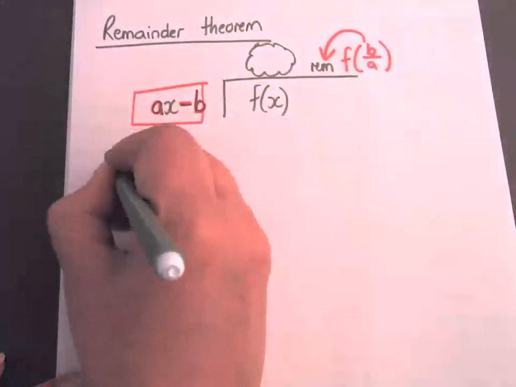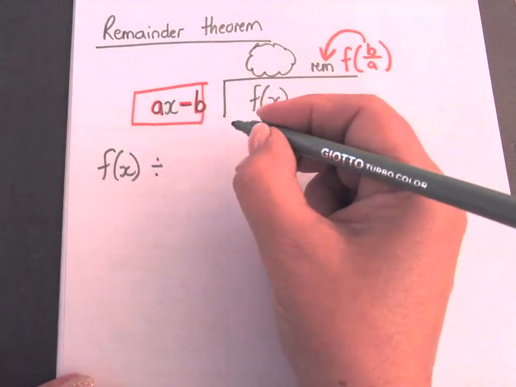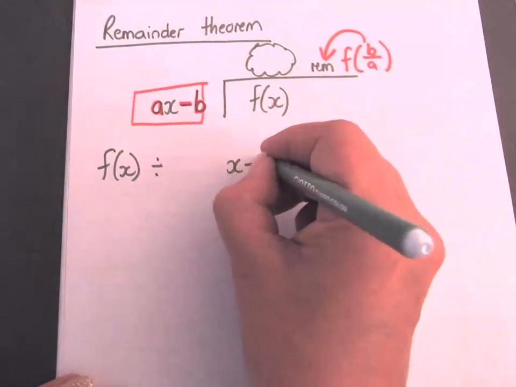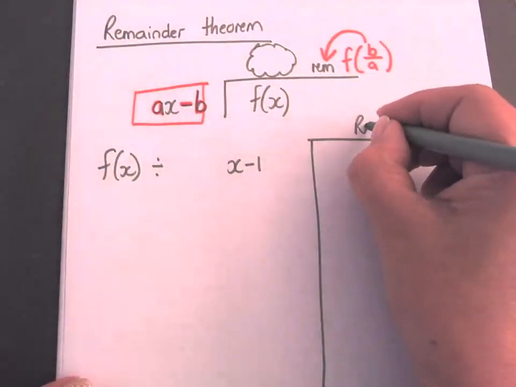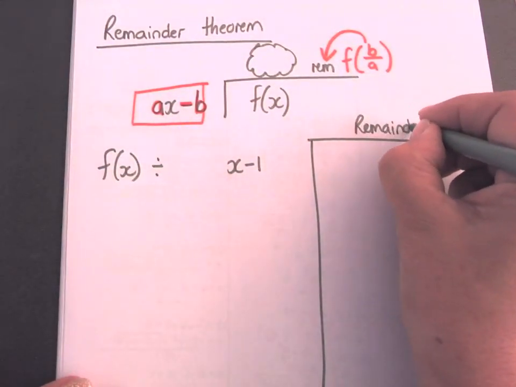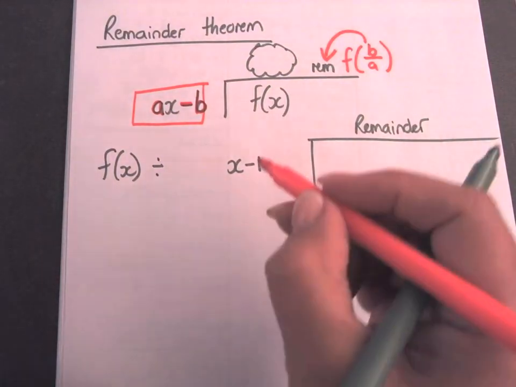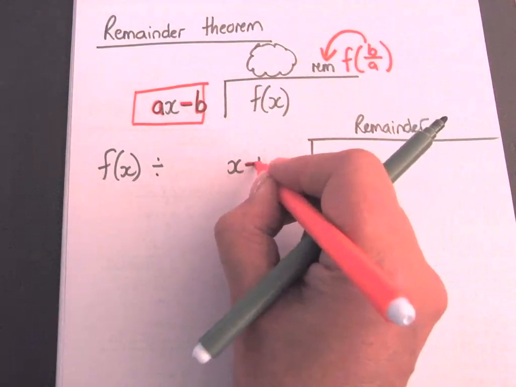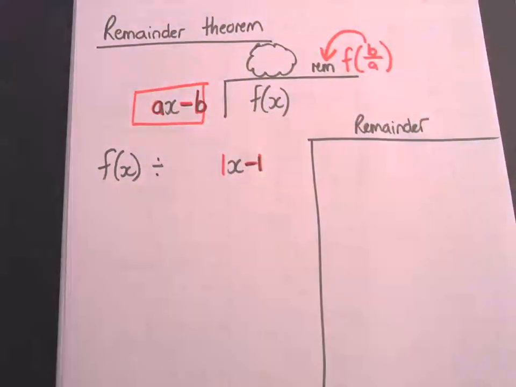I want f(x), and I want to divide it with, let's say, x minus 1. First we need to check the format. There is a minus. a is 1, b is 1.